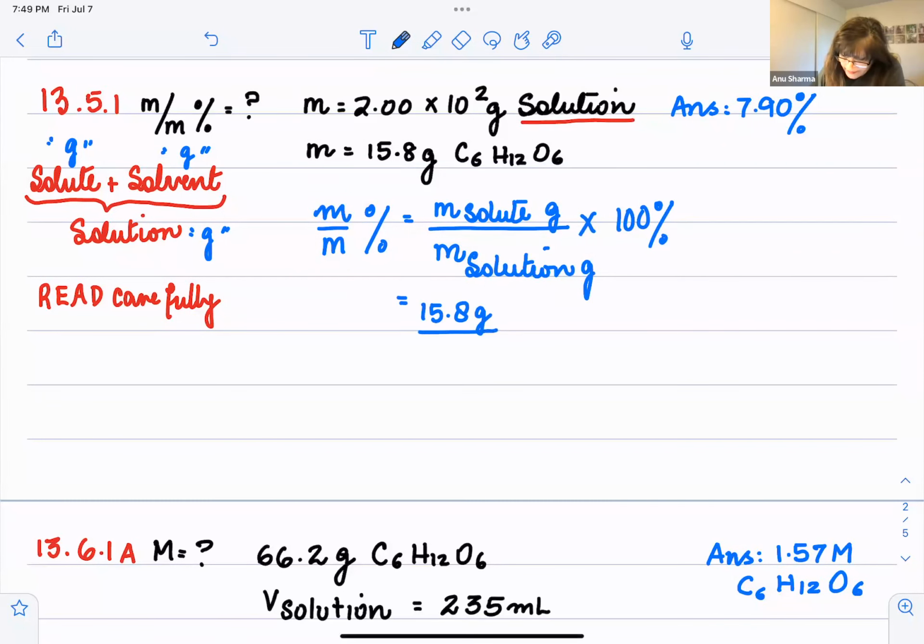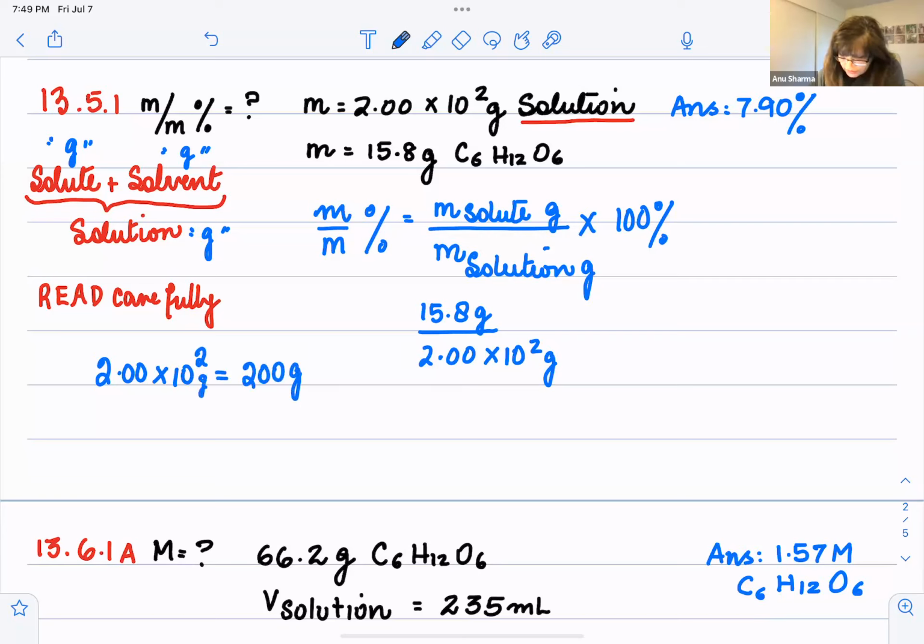Divide that by 2.00 times 10 to the power 2 grams, which means 200 grams. It's easier to just put it in that way. So this is the solute and this is the solution, times 100%.